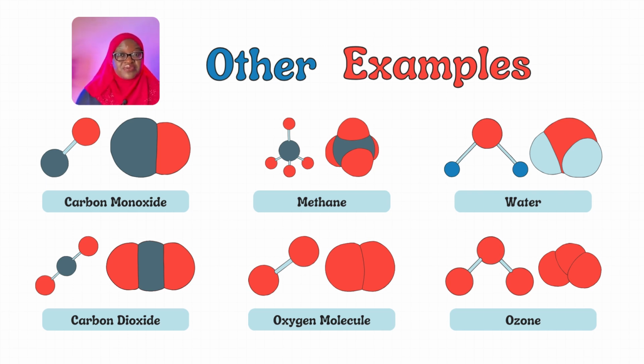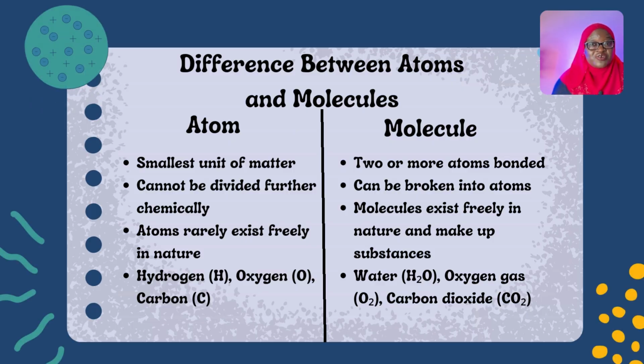So we have a nice table here to show the differences between atoms and molecules. Now that we've made some molecules from various atoms, like making an oxygen molecule from two atoms of oxygen and making a methane molecule from one atom of carbon and four atoms of hydrogen.